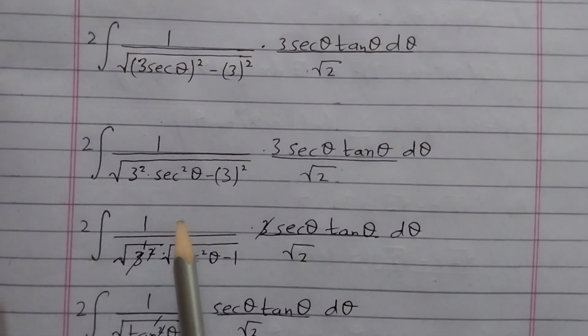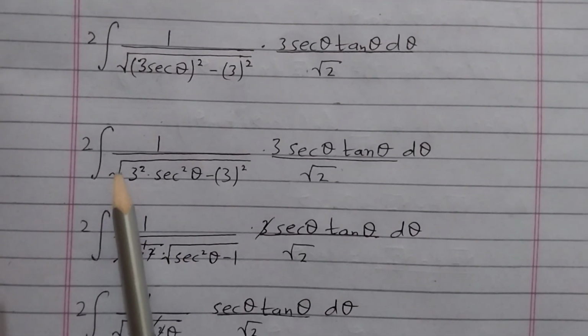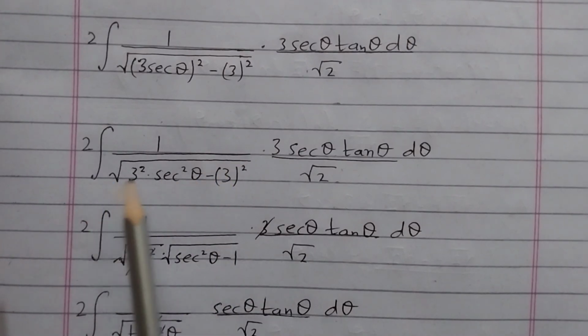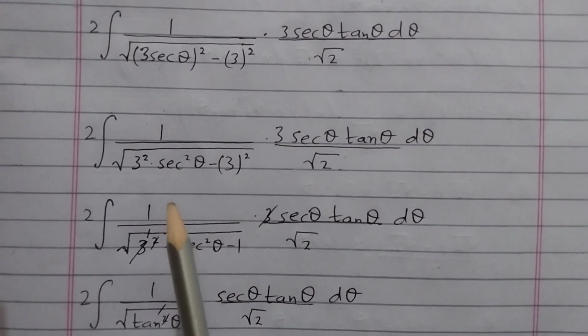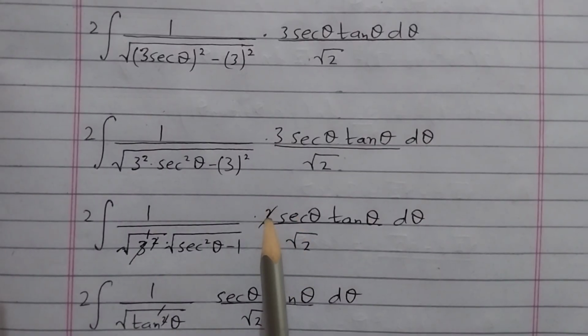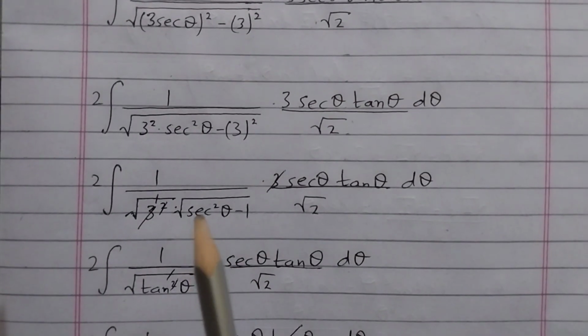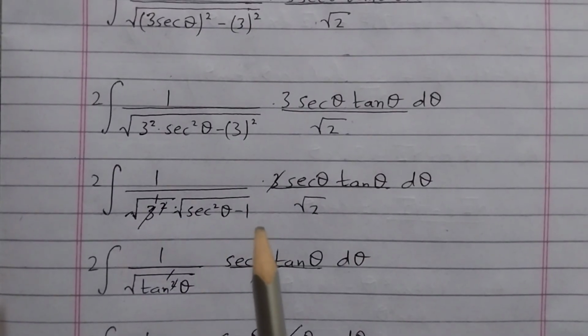In the next step, 1 over 3 square is taken common and there is a square root over the entire thing, so that square root can also be separated. So 3 square under the square root into secant square theta minus 1 under the square root. So square and square root cancel out, and this 3 and 3 also cancel out. So now we have achieved our goal.